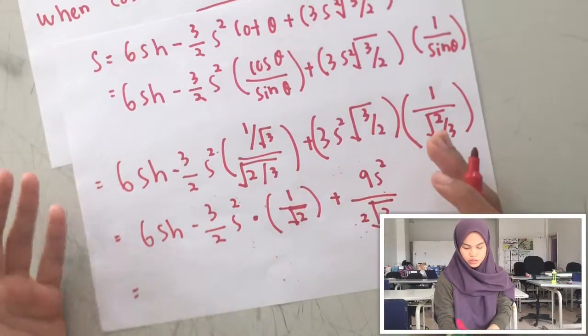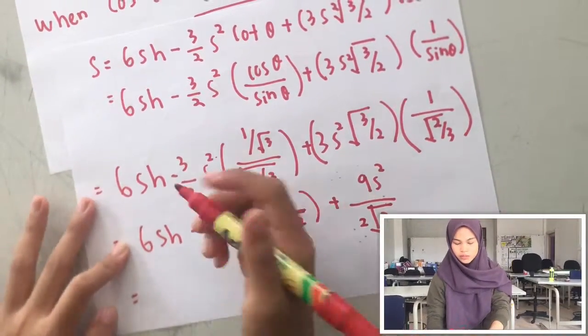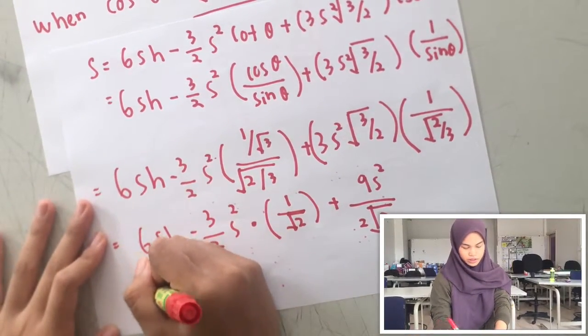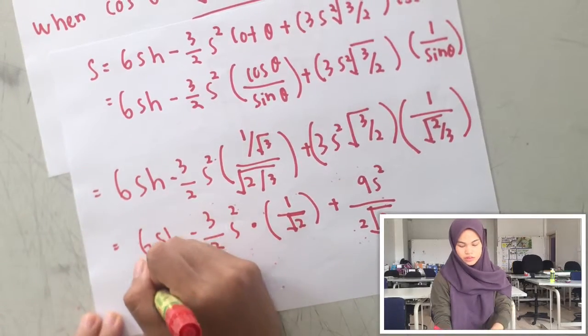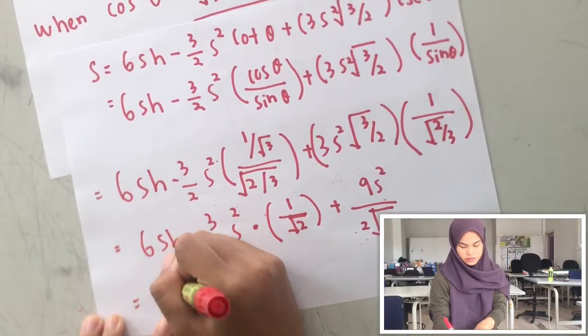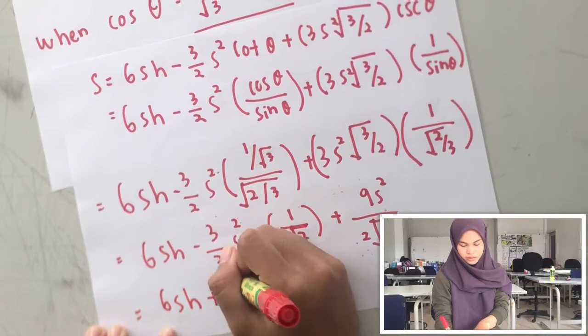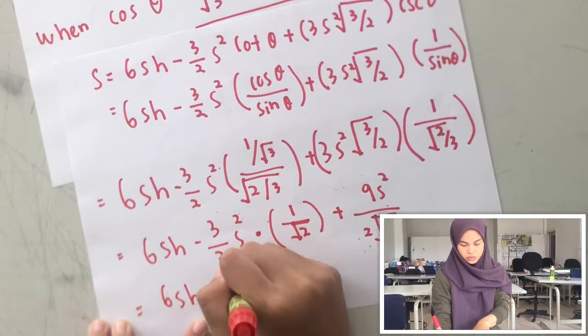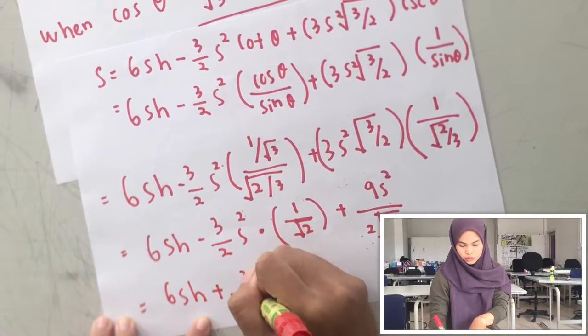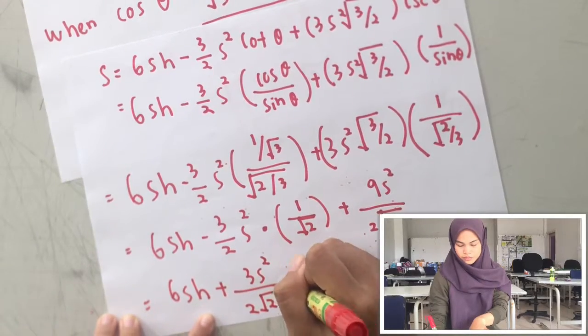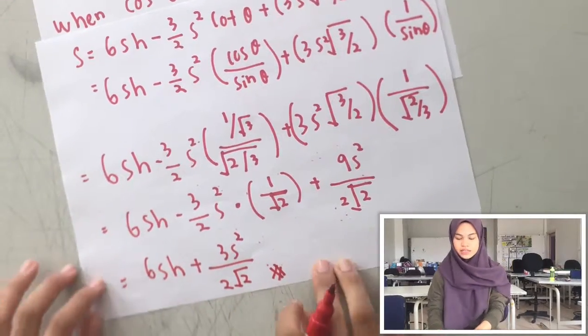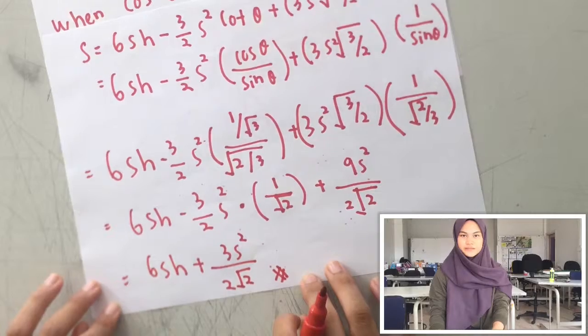So we only have to complete the equation, and we get the last answer: 6sh plus 3s squared over 2 square root 2. So this is the answer for the last question. Thank you.